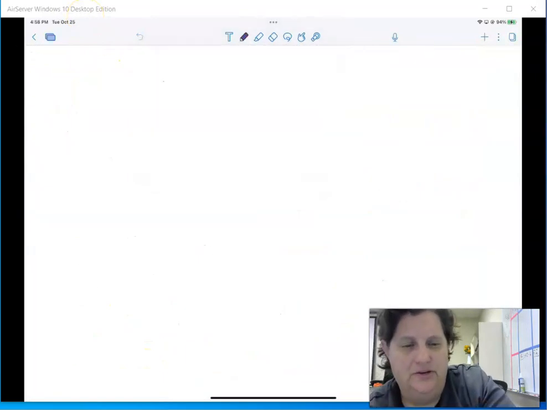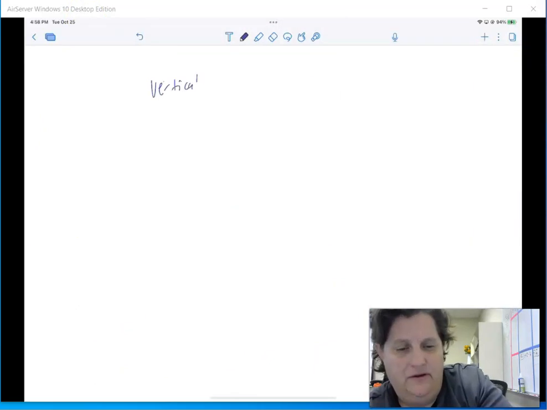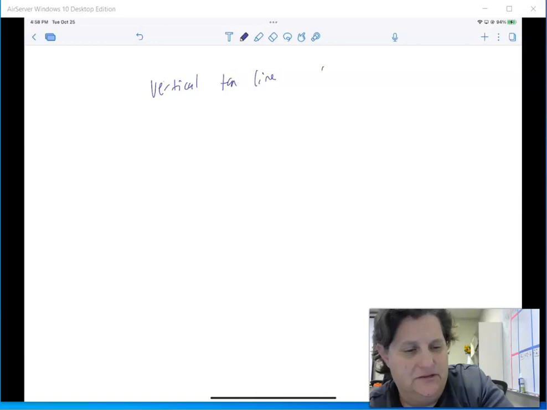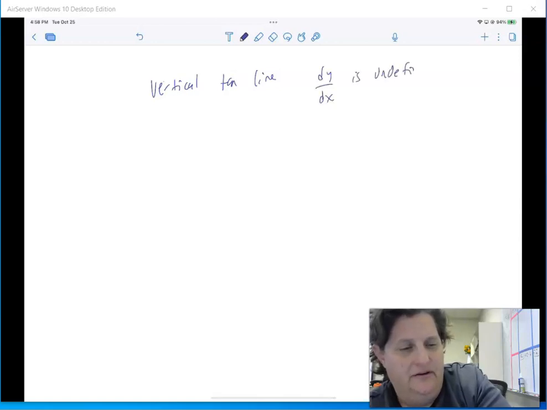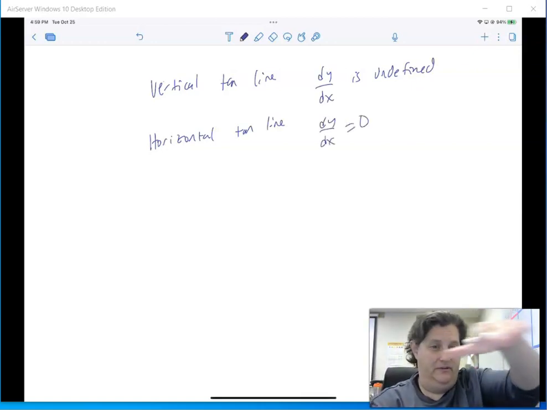Something else that you guys should know: a vertical tangent line means the derivative is undefined. A horizontal tangent line means the derivative is 0, because I've got undefined slopes and I've got 0 slopes.